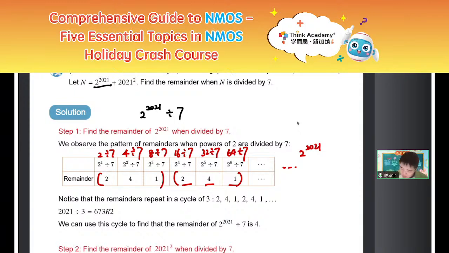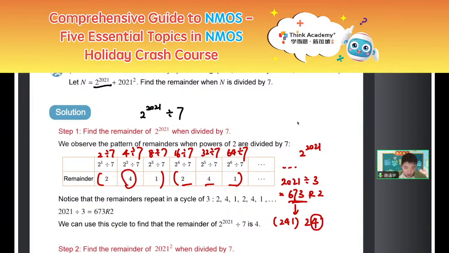So we can do 2021 divided by 3. Since we have 3 in a group, that will be 673, remainder 2. That means we have 673 groups of 2, 4, 1, and another 2 remainders in the cycle. So the next 2 will be 2, 4. So this is 4.